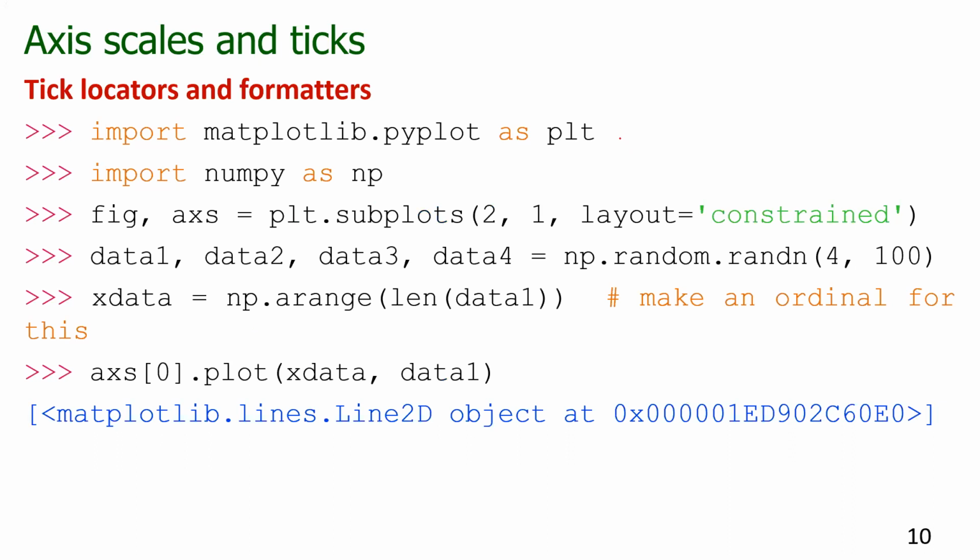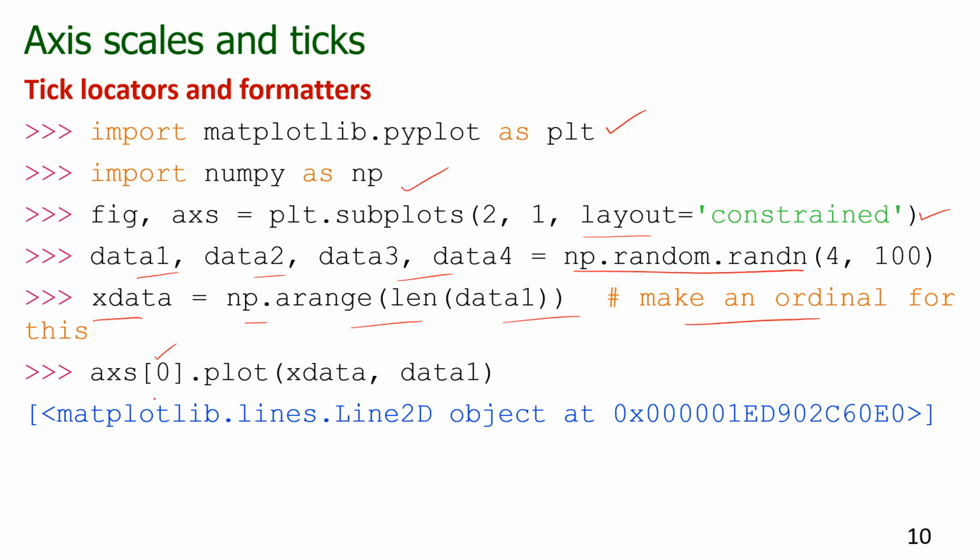Here you can see, as usual, import Matplotlib, import NumPy, define the size of the plot with constrained layout, define data1 to 4 with random numbers, same. Here defining xdata, np.arange of length of data1. This is same as the previous example.